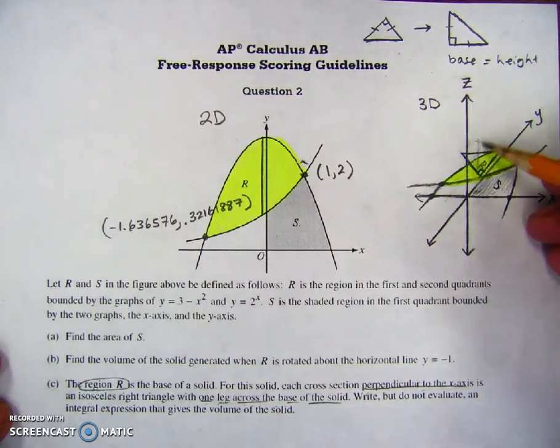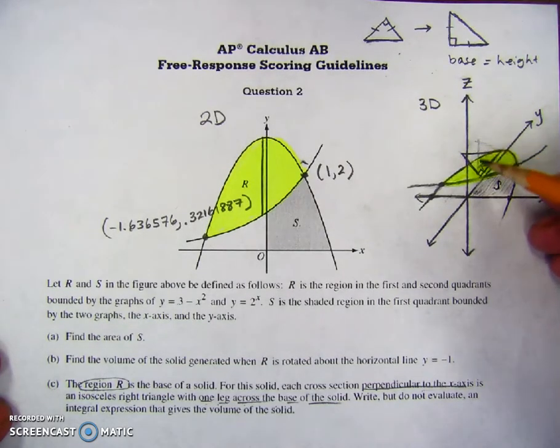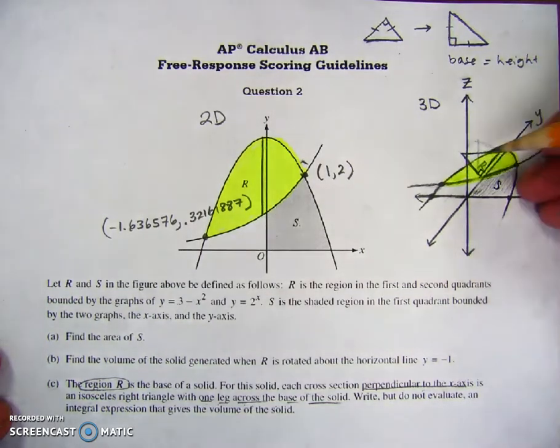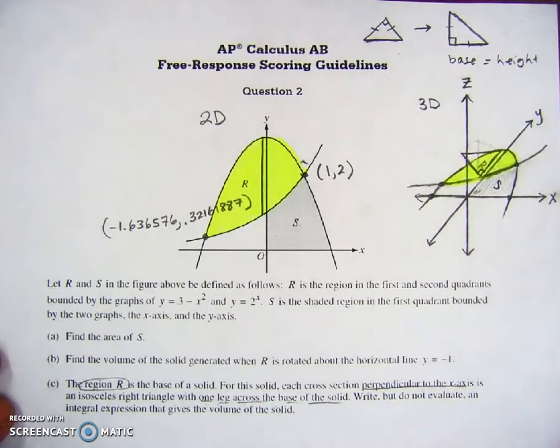I had originally drawn the height pretty parallel to the z-axis, and to give it that illusion, I should have made it more at an angle, made it pop out a little more. I blame my poor art skills, but it should look something like this.